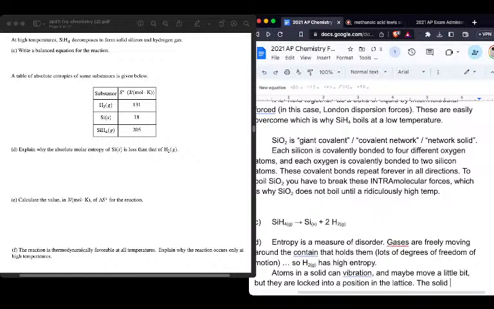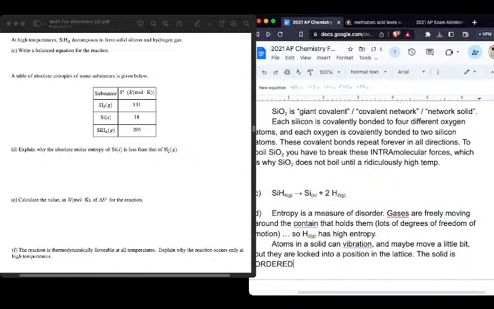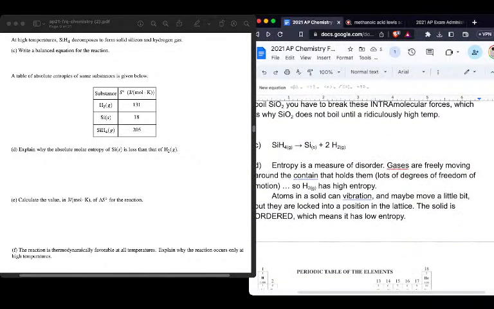Another way of saying that is the solid is ordered, which means it has low entropy, and therefore hydrogen has a higher absolute entropy than the solid does. Basically, the entropy of gases blows away the entropy of anything that's not a gas. And solids have very little entropy. That's just a rule of thumb that you can use and take to the bank.